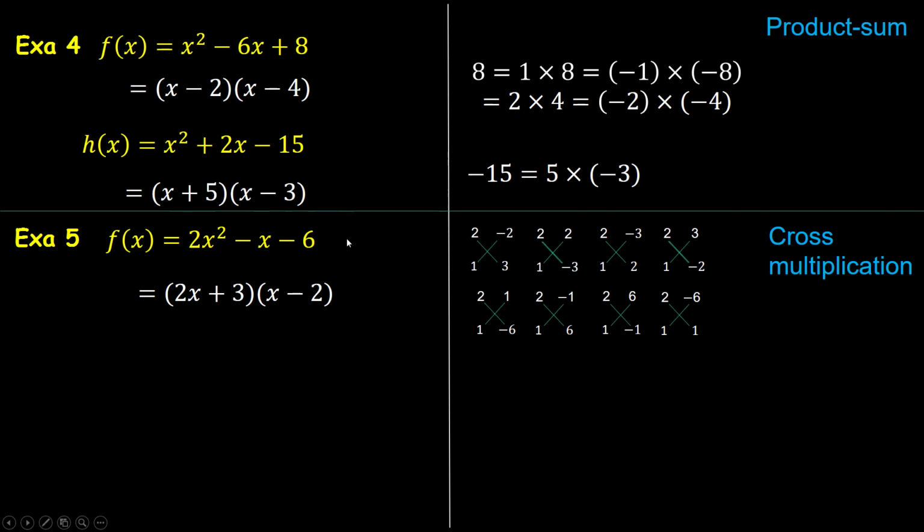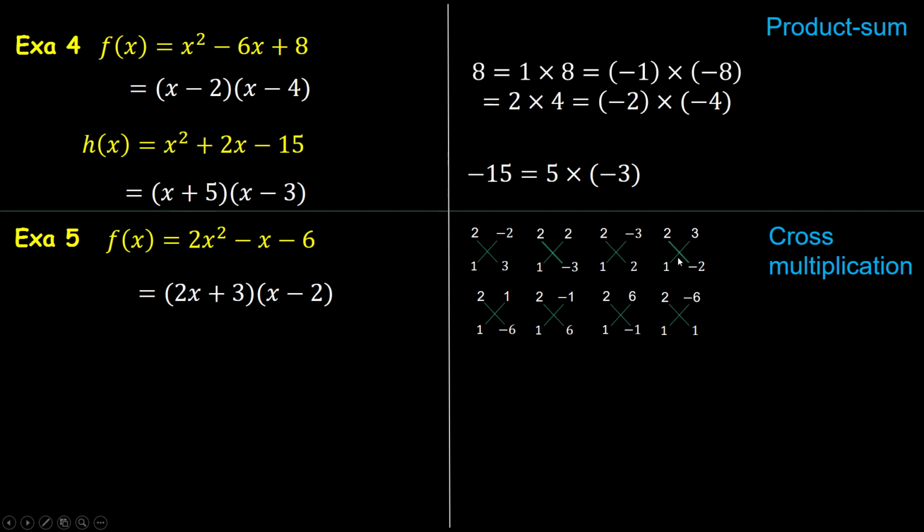Let's see. 2x times x, that's 2x squared. That's really because we already made sure that 2 times 1 is 2. And then 3 times negative 2 is negative 6. Again, because of the way we chose, 3 times minus 2 is already minus 6. And then if you multiply 3 and x, that's 3x, and then 2x and the minus 2, that's negative 4x, and that gives you minus x.